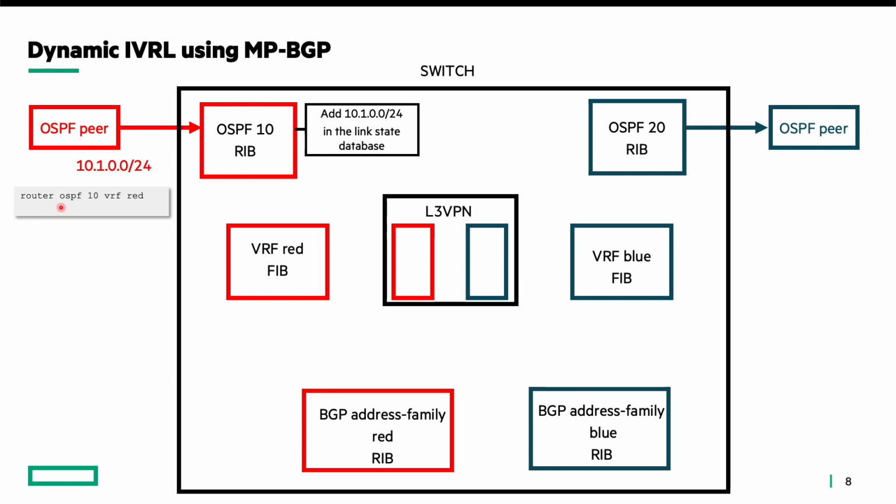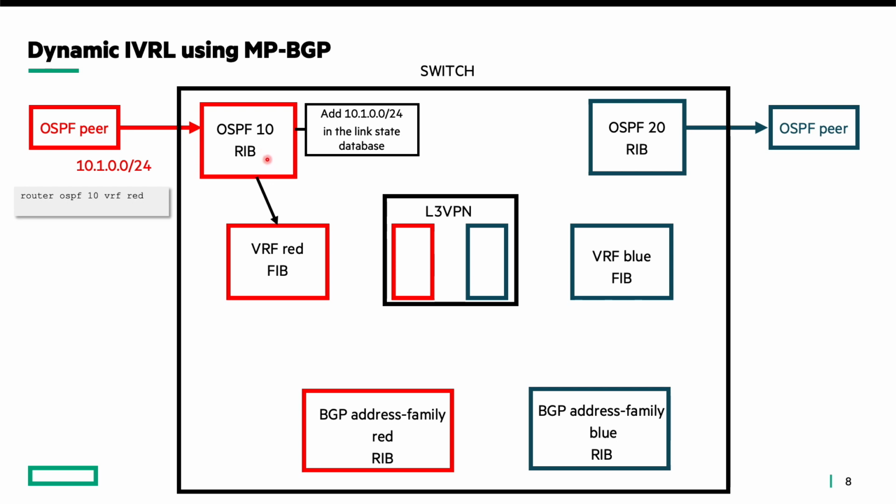First, we configure router OSPF in the VRF. We configure this interface for OSPF 10, and we will receive this LSA, this link state update, and the switch will install these routes in the database for OSPF 10.